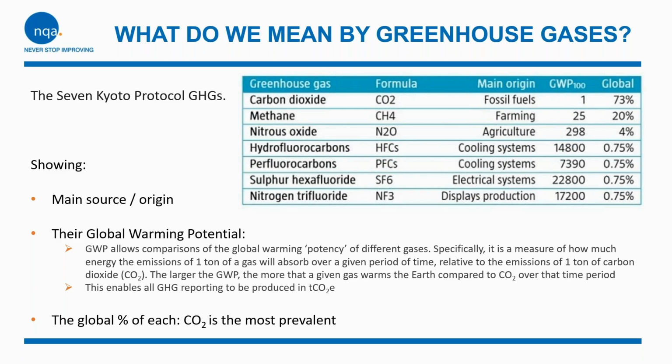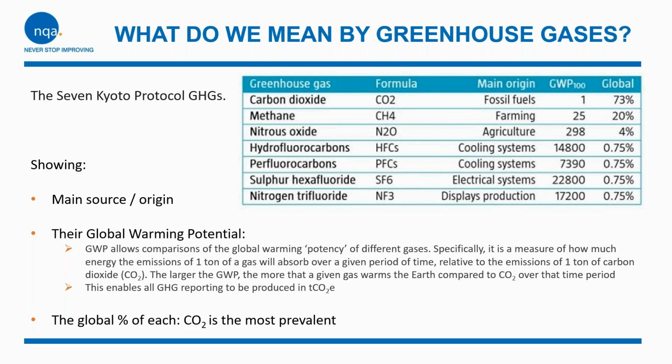You can see the different global warming potentials there. So carbon dioxide is given a value of 1, and relative to that, methane is 25 times more potent, for example. Nitrous oxide is 298 times more potent, and the potency of the other 4 gases is huge compared to carbon dioxide.